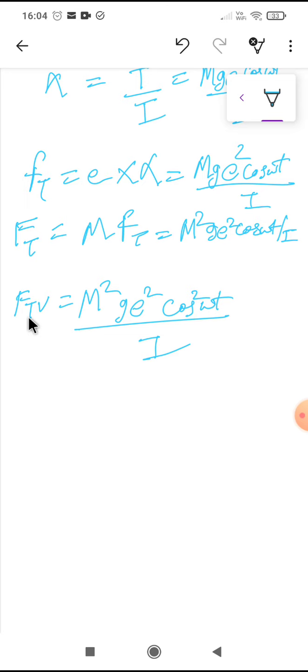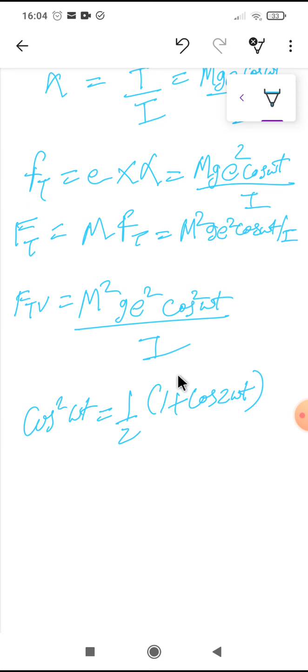So our vertical component is m squared e squared cos squared omega t into g by I. Also, we can write cos squared omega t as 1 by 2 into 1 plus cos 2 omega t.